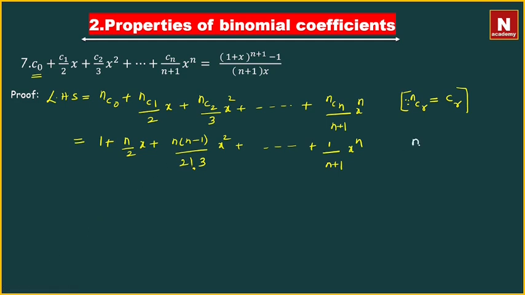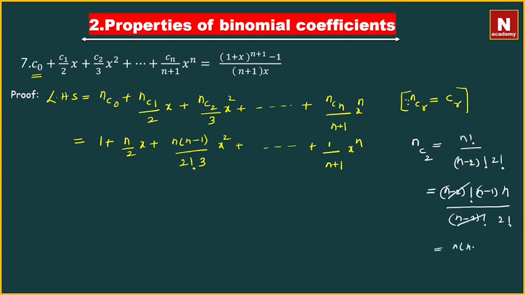NC2 equals, by the actual formula, n factorial by n minus 2 factorial into 2 factorial. Here n factorial we can write as n minus 2 factorial into n minus 1 into n, by n minus 2 factorial into 2 factorial. Now n minus 2 factorial gets cancelled. So n into n minus 1 by 2 factorial. This is the NC2 value. Similarly, we can write NC3, NC4 like that.